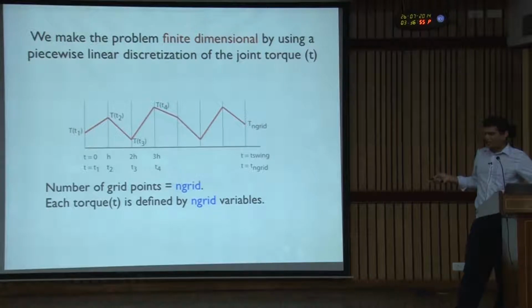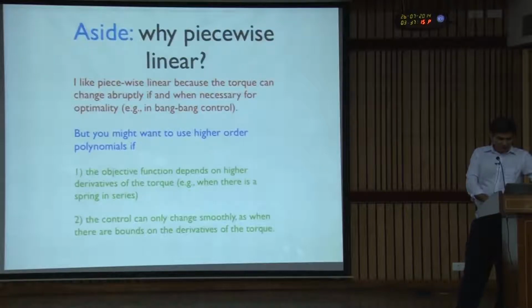So you say the torque as a function of time is some piecewise linear function of time, and we don't know what these pieces are, and we would like to solve for these unknowns, capital T at T1, capital T at T2, capital T at T3, and so on. And we say that we have n grid points.